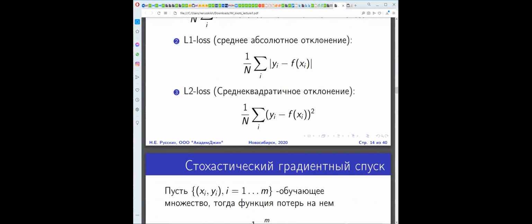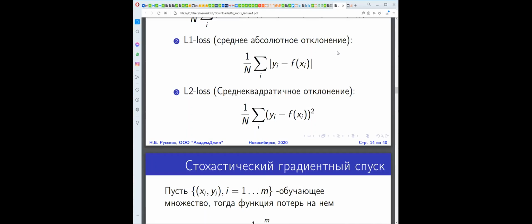And speaking of regression tasks, where we would like to output a real value rather than a probability, there are L1 or L2 loss, which is mean squared error, or average absolute error.